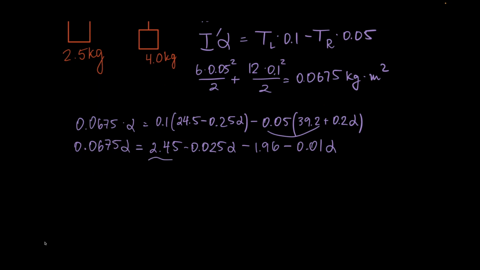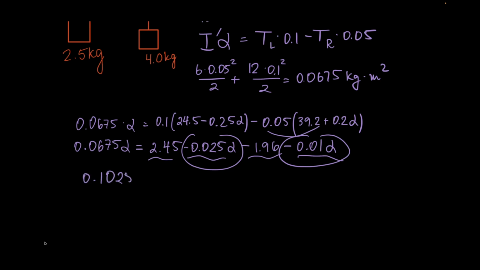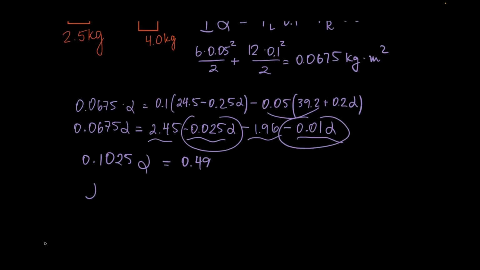Then I have 2.45 minus 1.96 as the only constant, and these two puppies go with the plus to the left. 0.1025 alpha should be equal to 0.49, and then alpha from there is 0.49 over 0.1025, which is 4.78 rads per second squared.